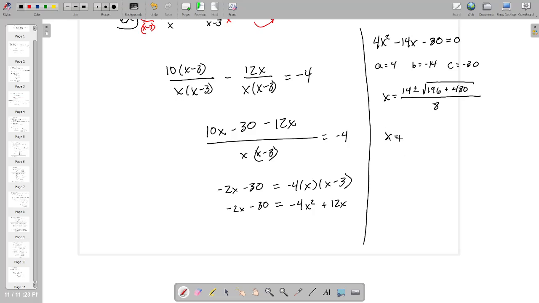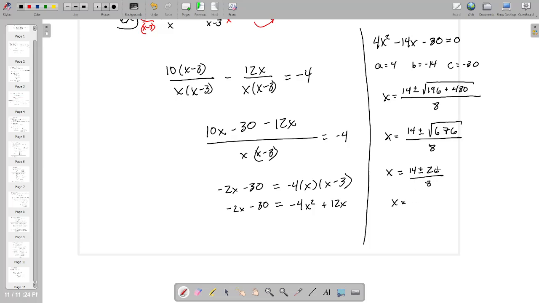Then x equals 14 plus or minus, 196 plus 480 is 676, divided by 8. The square root of 676 is going to be 26. So we get 14 plus or minus 26 over 8.